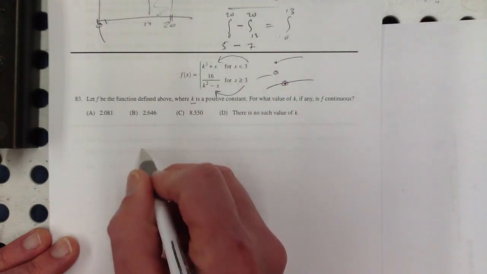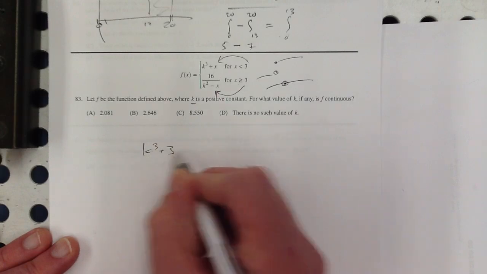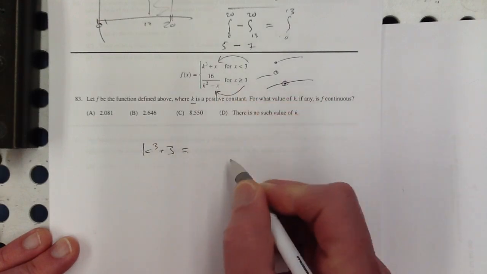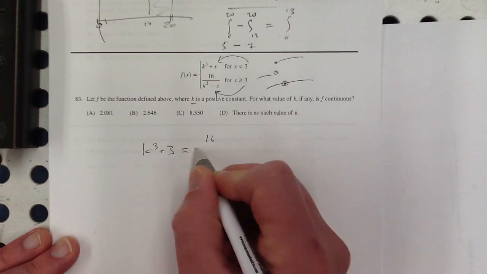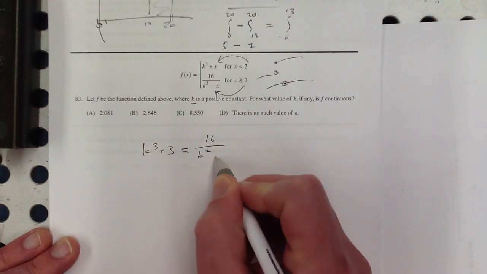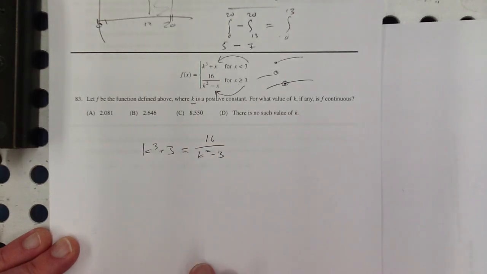So I plug 3 in here, and I plug 3 in here, and I set these two things equal to each other.